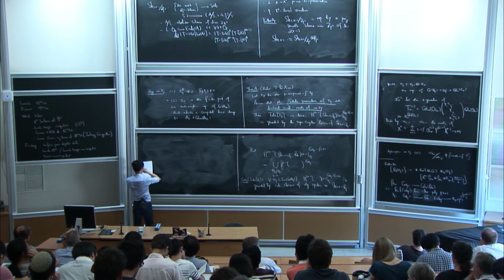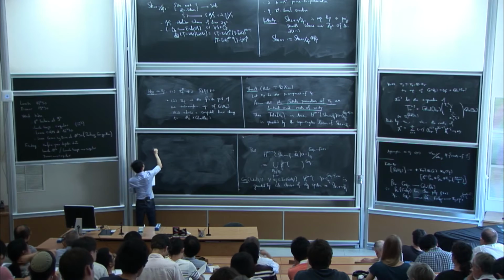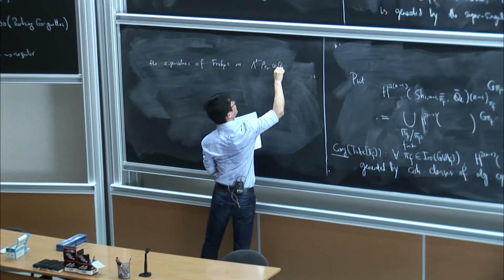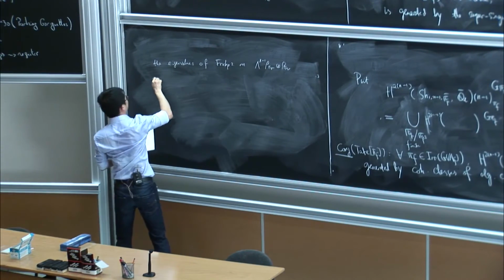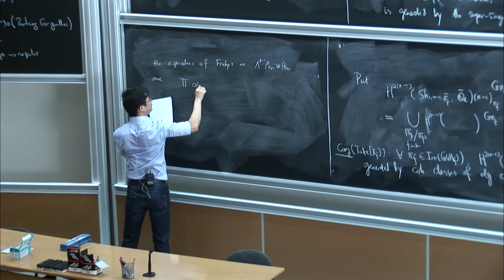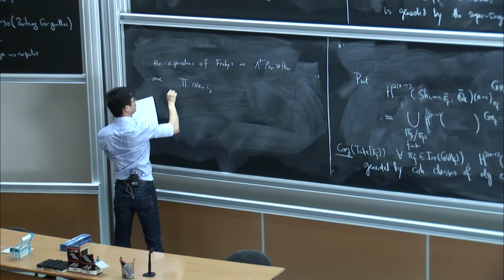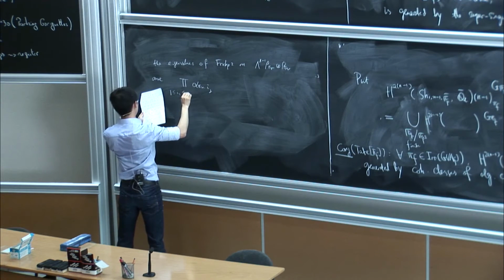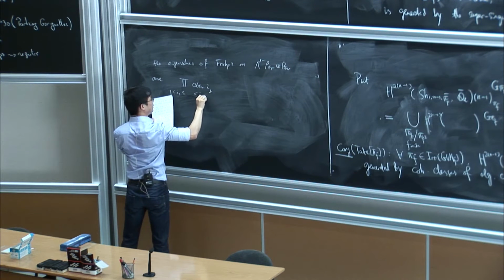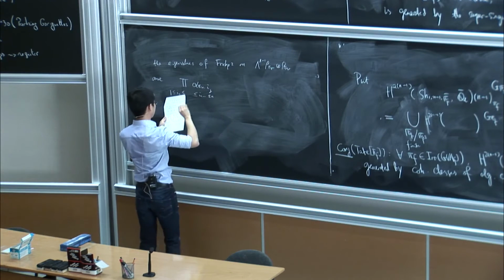Now a simple computation shows that the eigenvalues of Frobenius square on this wedge n minus 1 of rho pi v times rho pi v are exactly something like alpha pi v i j for i less than n.